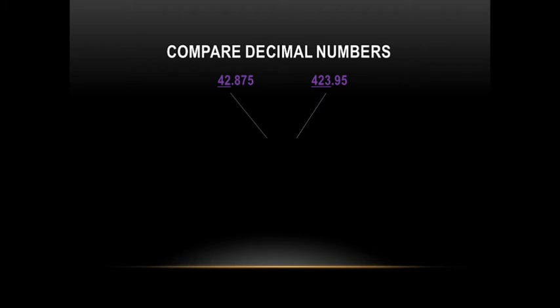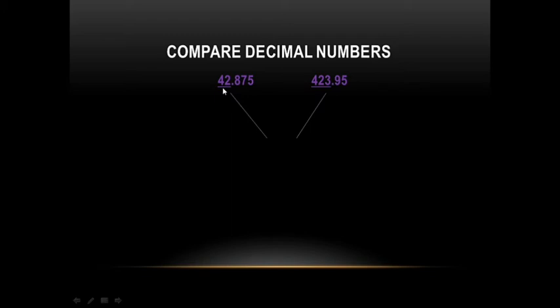Whenever we are going to do the comparison, check the whole number, that is the digits which are given before the decimal point. Here you can notice 42 is given and here 423. So by seeing we can say that 423 is greater than 42.